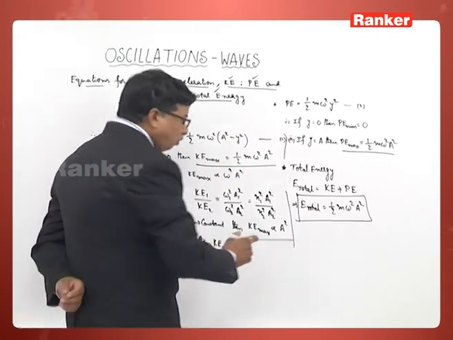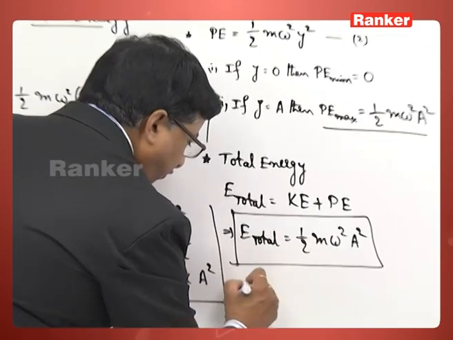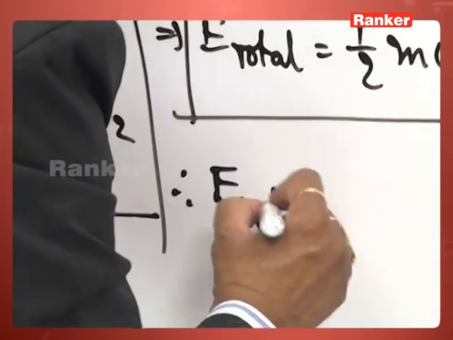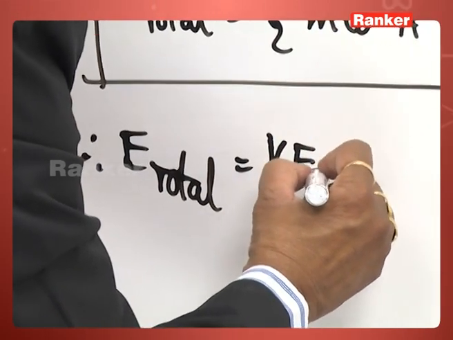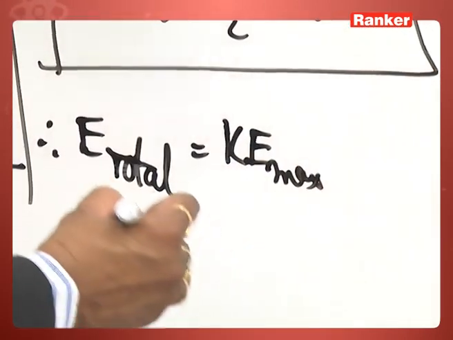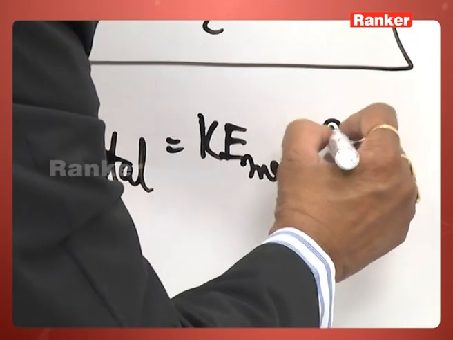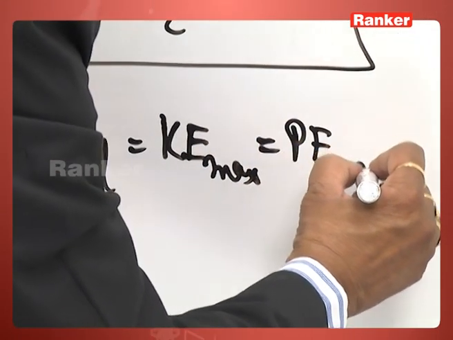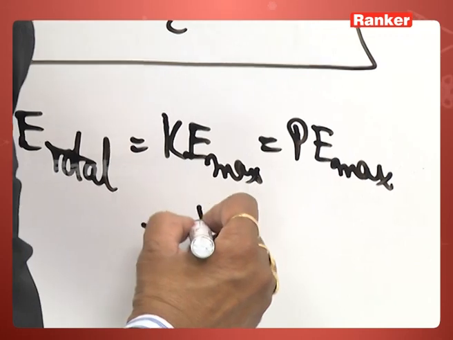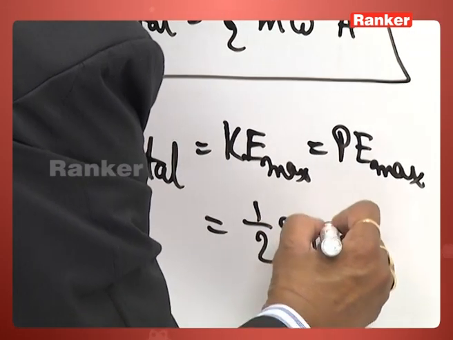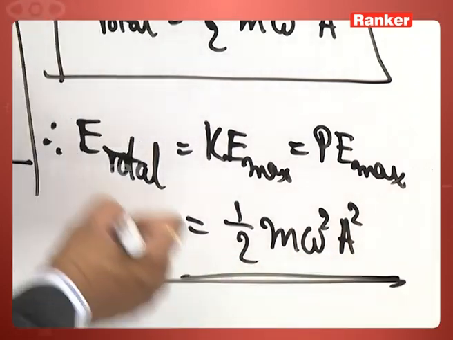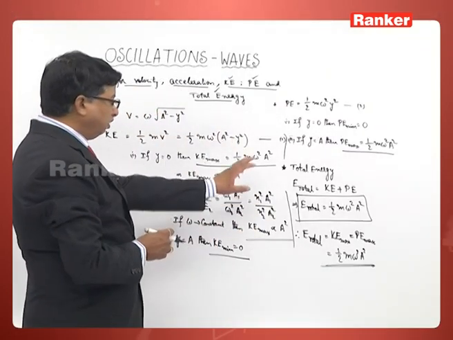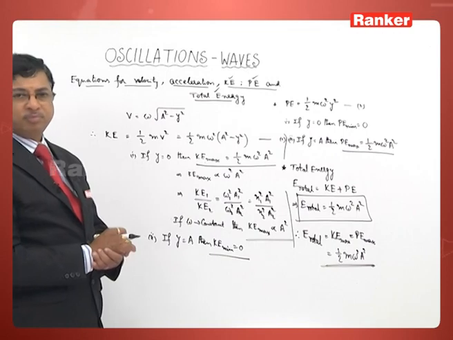So, what is your conclusion ultimately? Therefore, you call it total energy, or maximum kinetic energy, or maximum potential energy, anything is equal to half m omega square a square. That is the ultimate result you need to have in memory.